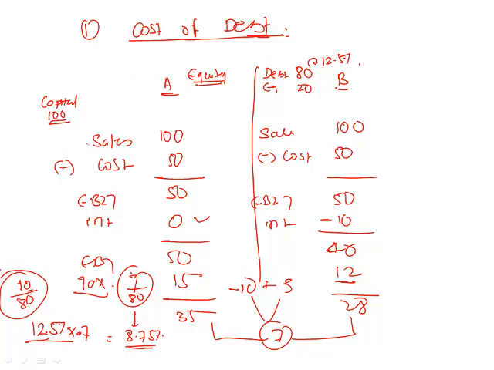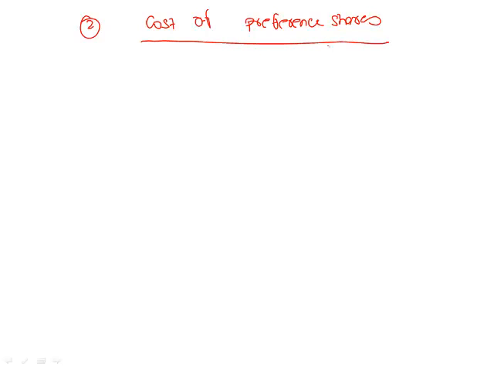Let's do the next example: cost of preference share. If the preference share is given as a perpetuity, let us say that there is a preference share which has a face value of 1000.